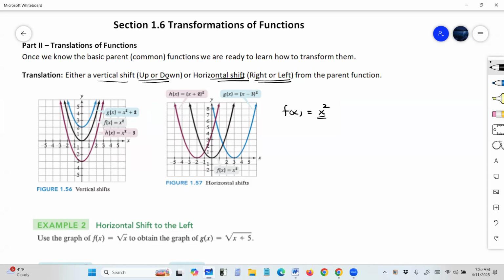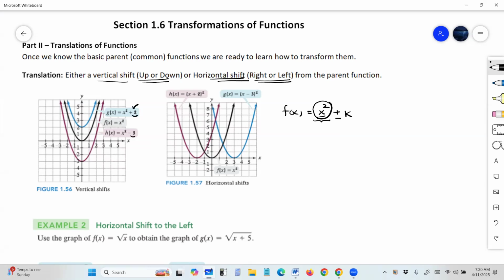Once you know the vertical shift, the other movement would be the horizontal. The vertical shift has either a plus or minus outside of the basic function, so it's not affecting the x variable directly. I'm going to add or subtract some number, as you can see here.